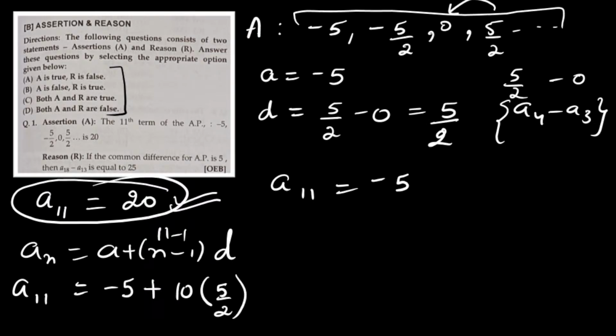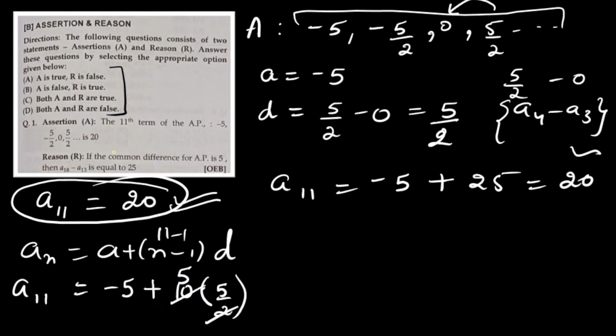So minus 5 plus, here 10 and 2 we can cancel, so minus 5 plus 25. This is equal to 20. Take the sign of the greater number. So yes, A11 is 20. That's correct.